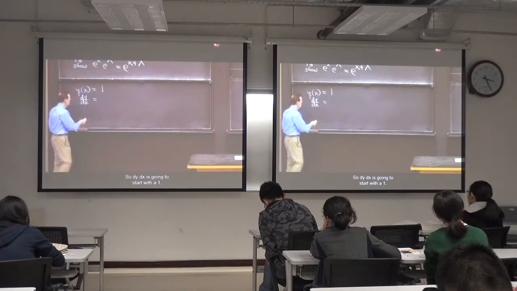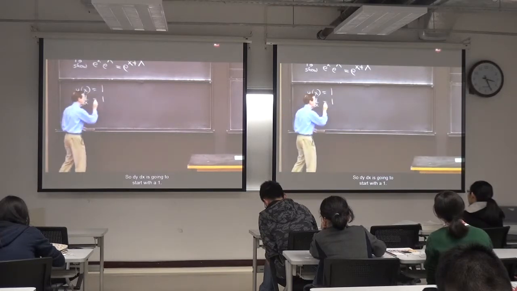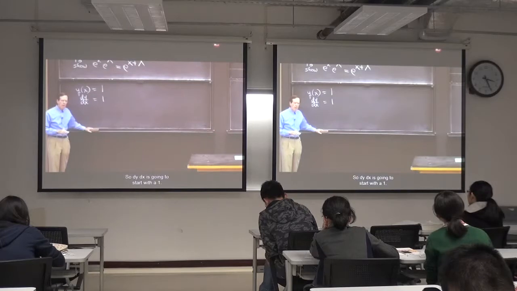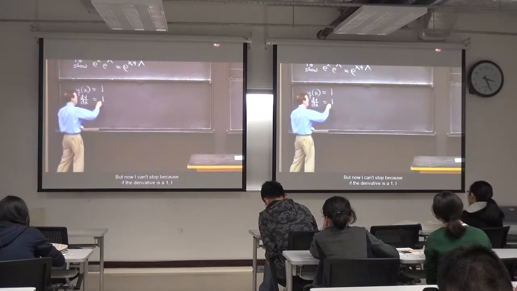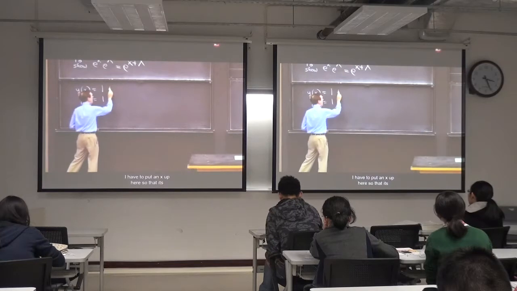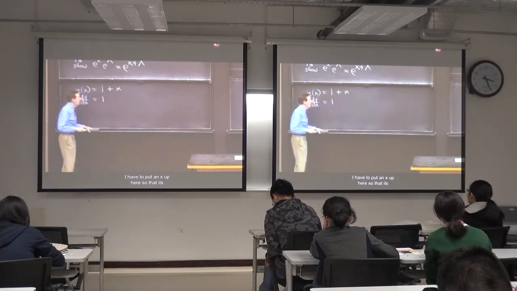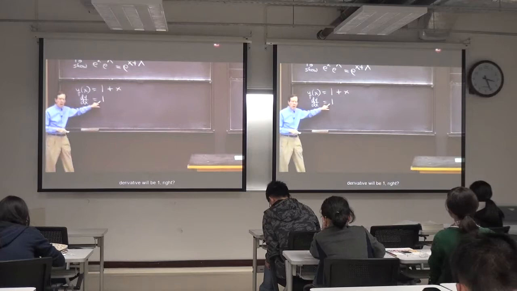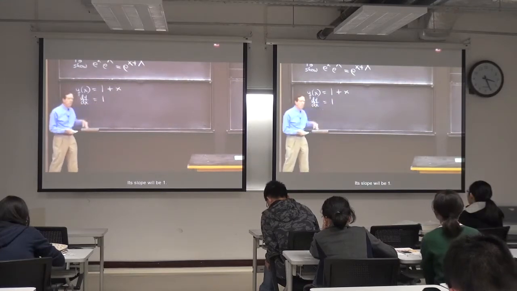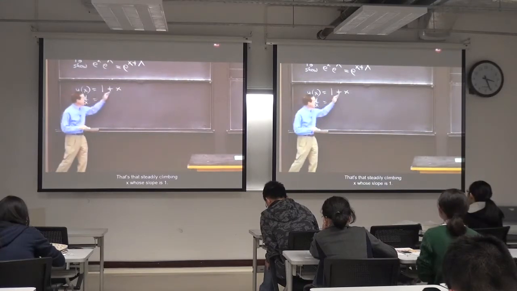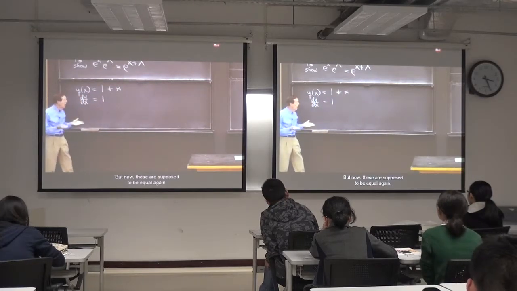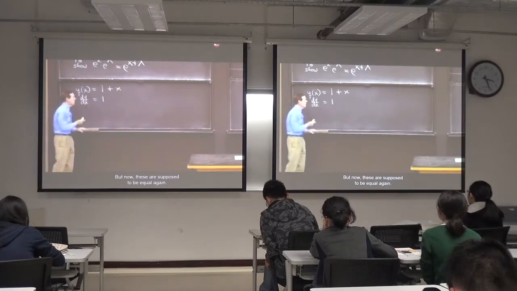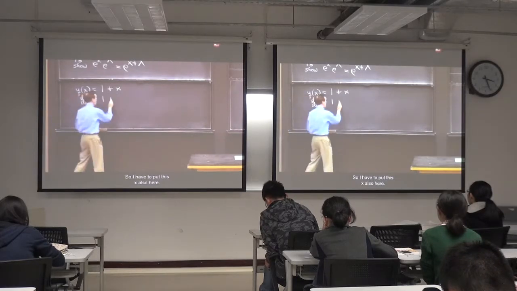So dy/dx is going to start with a 1. But now I can't stop, because if the derivative is a 1, I have to put an x up here so that its derivative will be 1, right? Its slope will be 1. That's a steadily climbing x whose slope is 1. But now these are supposed to be equal again. So I have to put this x also here.